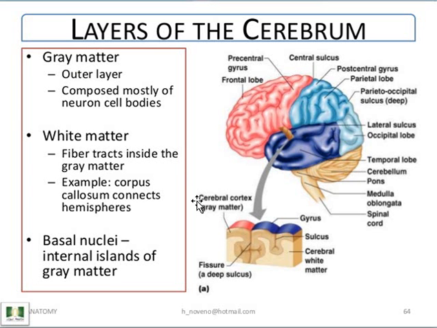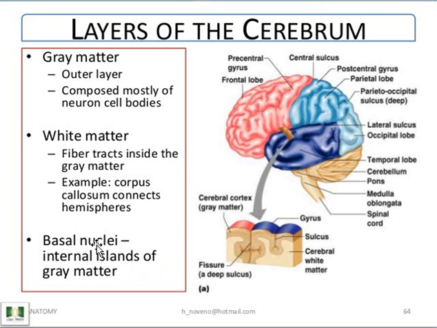Now the layers or parts of the cerebrum. The cerebrum is composed of the outer part, the gray matter or cortex. Below it, the white matter, nerve fibers. Inside the white matter, we have masses or islands of gray matter named the basal ganglia.